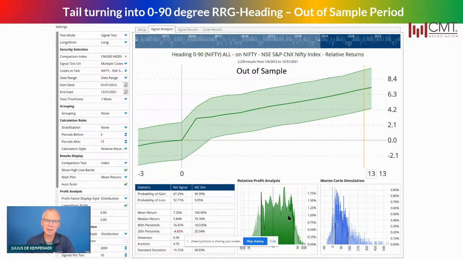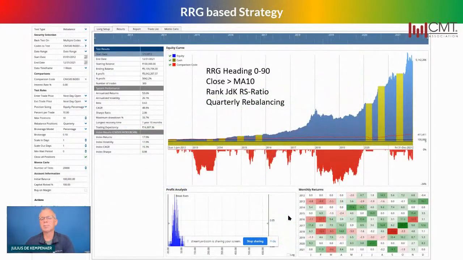And what I then did is, a year ago, we started working with a big CFD provider in the UK. And we are running a number of what they call share baskets. And the RRG share baskets are based on a rule-based strategy around RRG. And the rules, and I'm going to wrap it up, are: the tail needs to be at an RRG heading between 0 and 90 degrees.